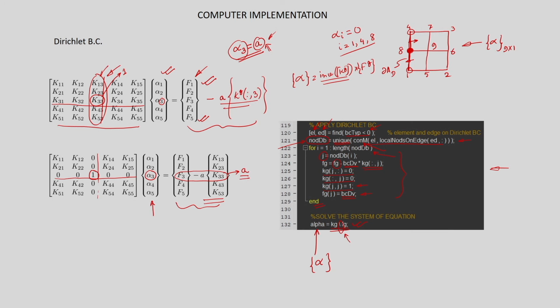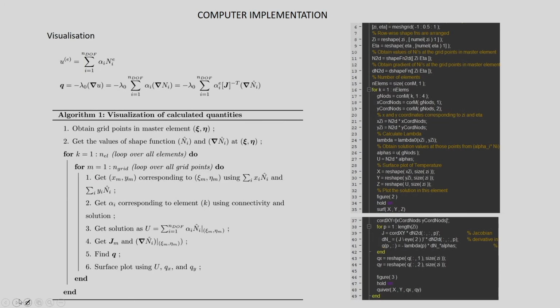Once we get the solution, the next thing is to visualize. How will we visualize the solution? For that you can go through this piece of code. We will go to each element E. We know the alphas for that element because we know from the connectivity the global node numbers, that is, the global degrees of freedom numbers.